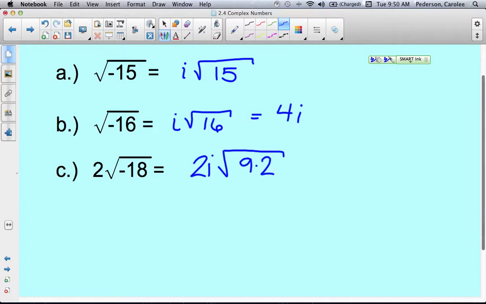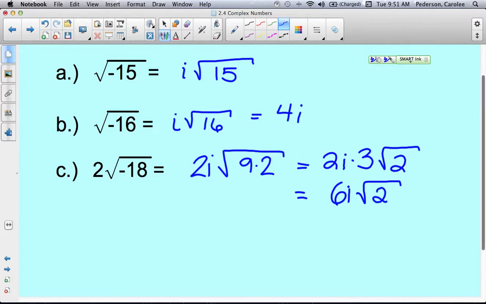And then the square root of 9 is 3. And then multiply like parts. 2 times 3 is 6i. And then my leftover is square root of 2.